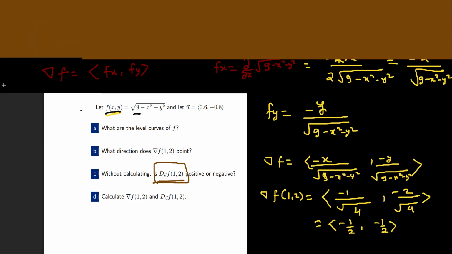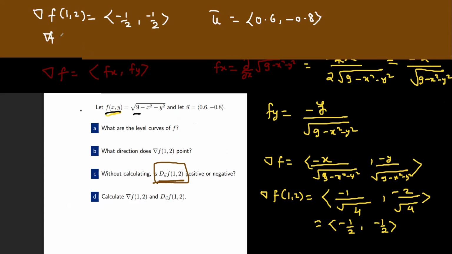You already have the point (1, 2), and the vector u is given. The directional derivative of f at (1, 2) in the direction u is what?